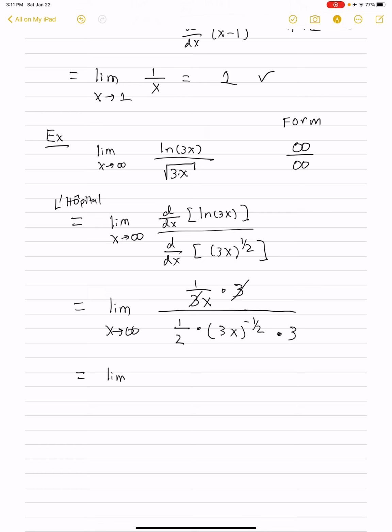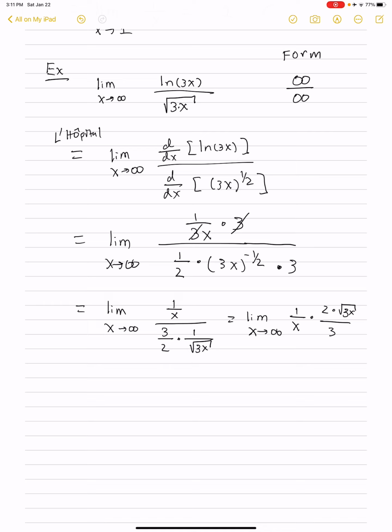If we simplify this, we're going to get 1 over x divided by 3/2 times 1 over root of 3x. Great. So we have a fraction divided by a fraction. We invert and multiply. So we'll get 1 over x times 2 times root 3x divided by 3.